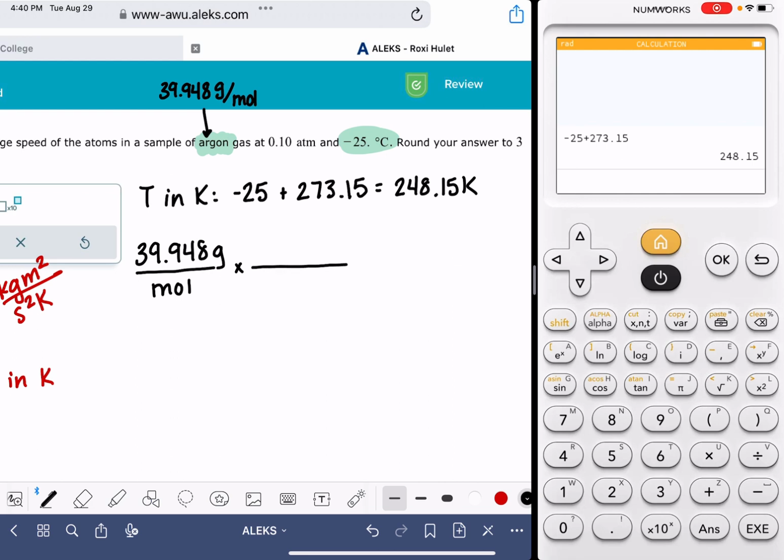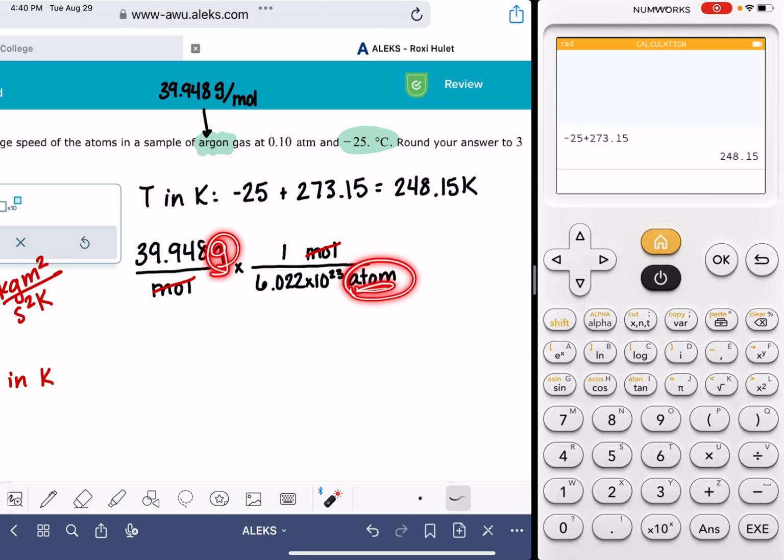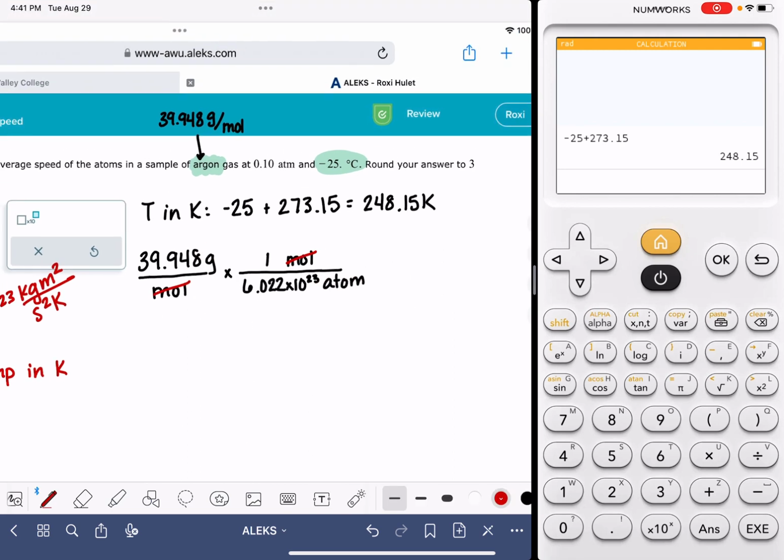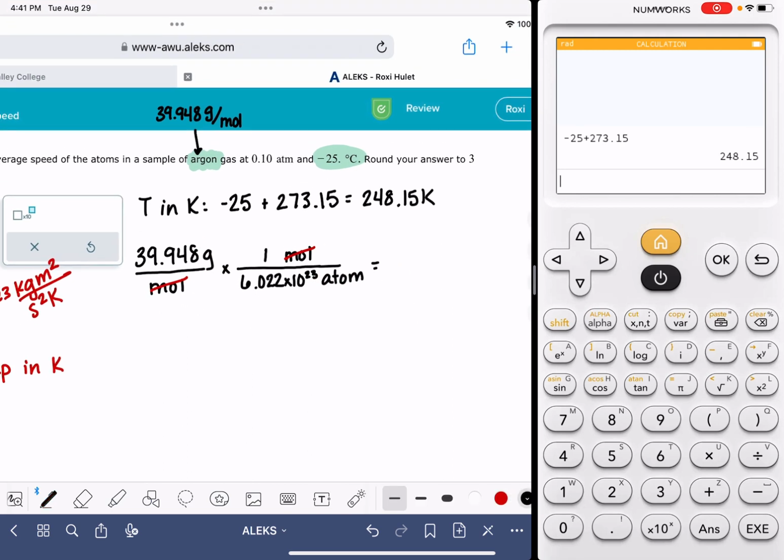We want to get rid of the unit of mole and convert into just a single atom. That relationship between moles and really anything is Avogadro's number. 1 mole of whatever we're talking about is equal to 6.022 times 10 to the 23rd. In this case, we're talking about atoms, and the mole units are going to cancel out. So this is going to give us the mass of just a single atom, the grams per atom instead of the grams per mole. I'm going to need to use the calculator for that.